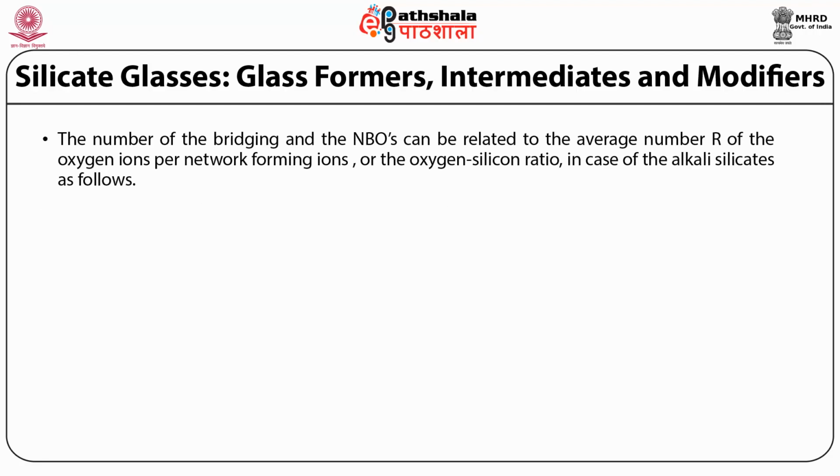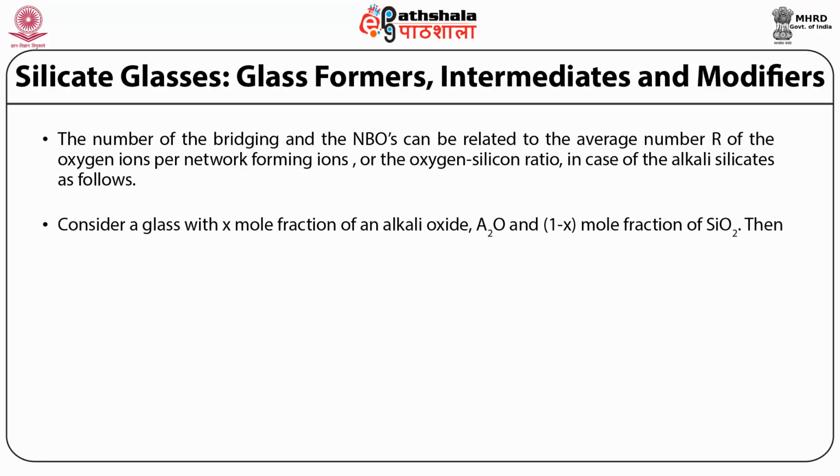The number of bridging and non-bridging oxygens can be related to the average number R of oxygen ions per network forming ion, or the oxygen-silicon ratio in case of alkali silicates, as follows. Now let us consider some examples.